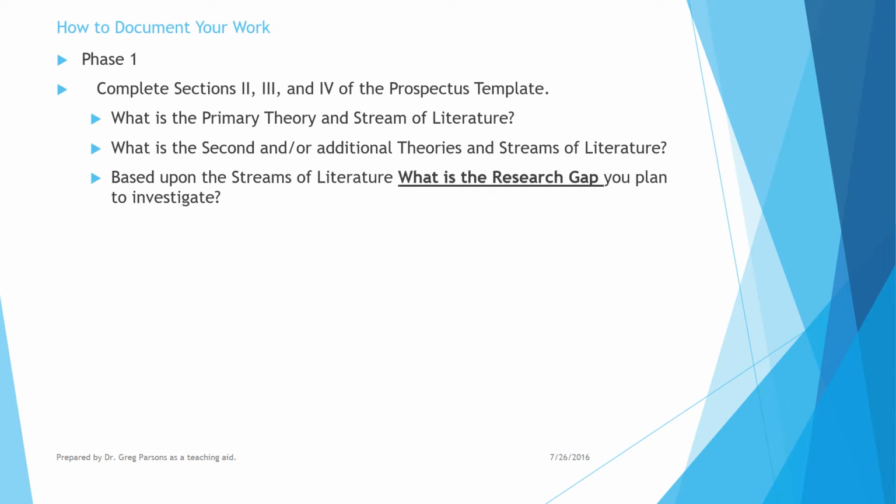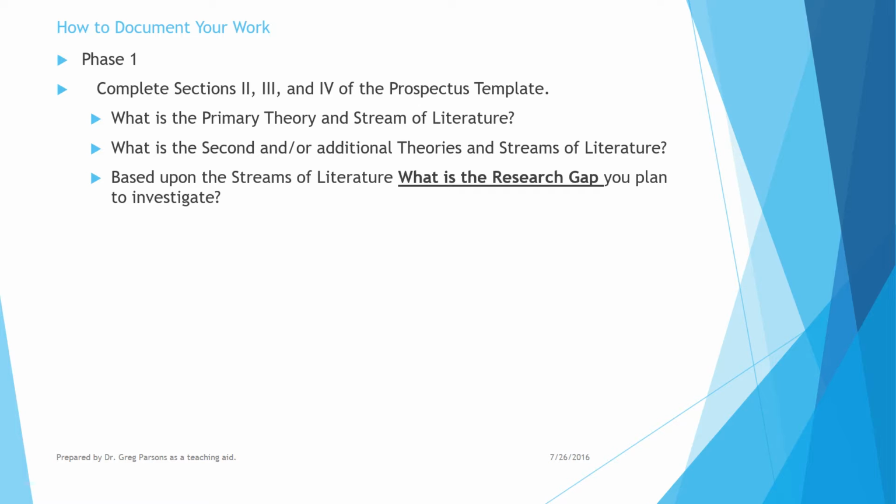So the prospectus template is how you document your work and how you work with your advisor and eventually with your committee. So you work on section 2, which is what's the primary theory, and stream of literature out of your concentration area. You develop the second stream, okay, which again can come from the same area but a different theory, or might come from a different area. For example, a lot of leadership theory is combined with psychology theory.